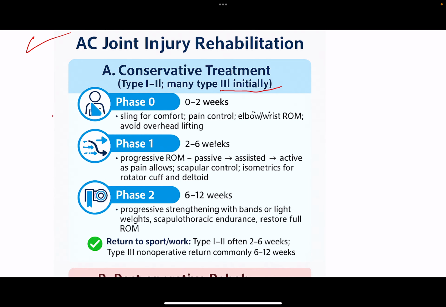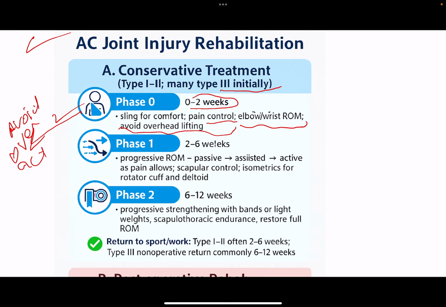Phase 0, from 0 to 2 weeks: sling for comfort, pain control, elbow and wrist range of motion, and avoid overhead activities. The key point: avoid overhead activities in the first 2 weeks.